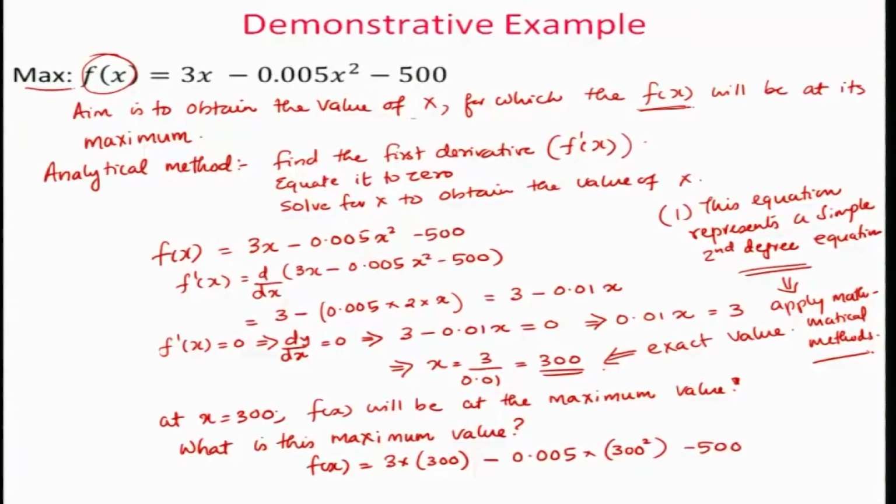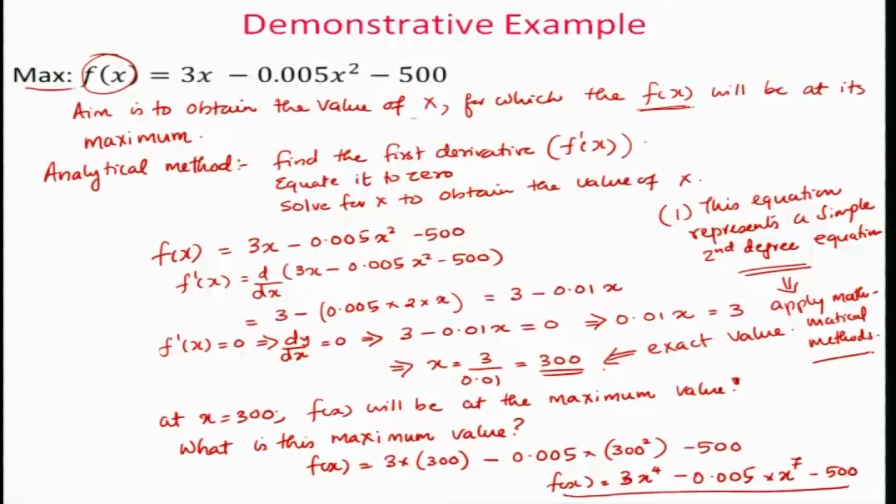So, let us say instead of this, if the equation was complicated, something like f of x is equal to 3 times x to the power of 4 minus 0.005 times x to the power of 7 minus 500, then it would not have been that easy like what we have done now.